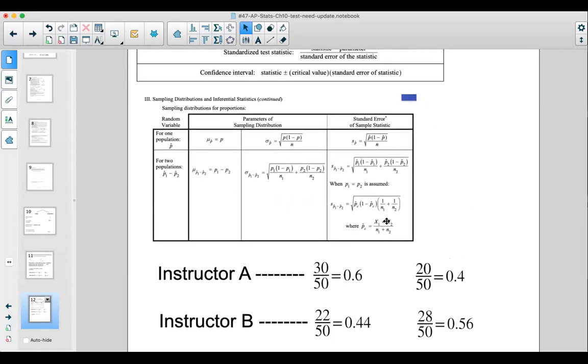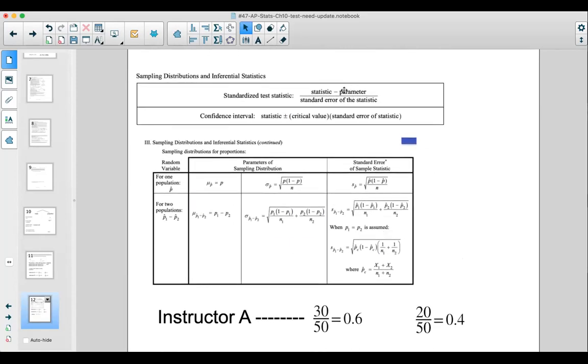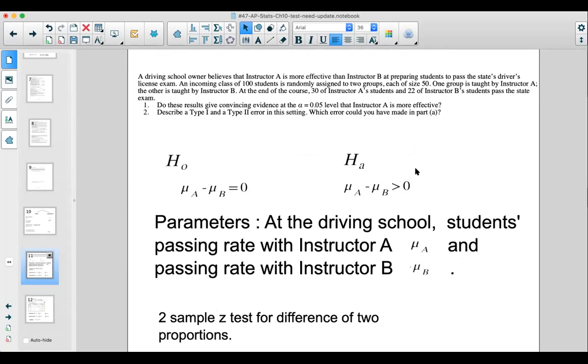Some of you often ask me what the parameter is for when we state the null hypothesis for two samples. The difference of the two proportions is 0.